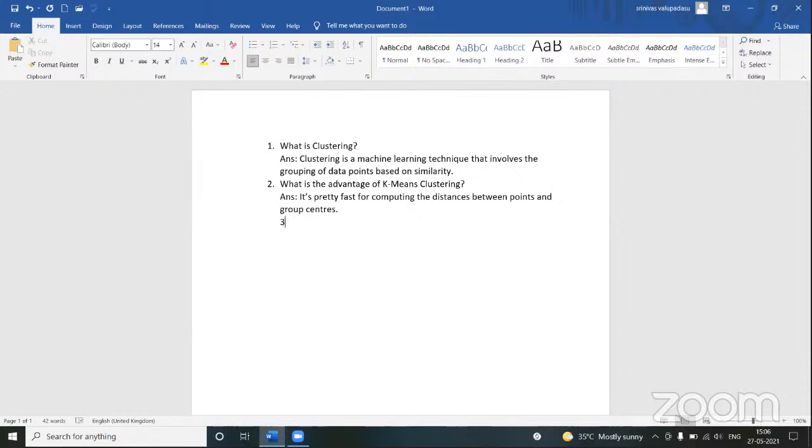Next question. Which methods are useful to find K value in K-means clustering?